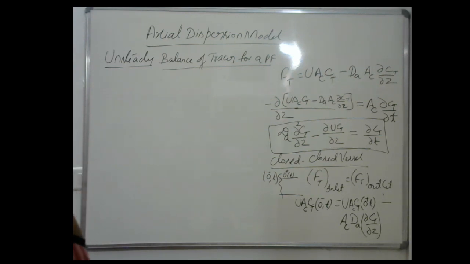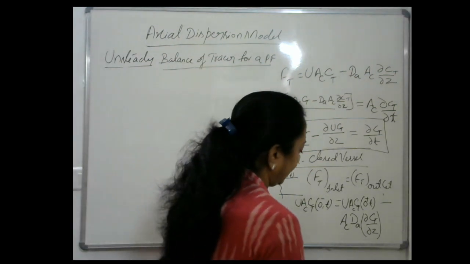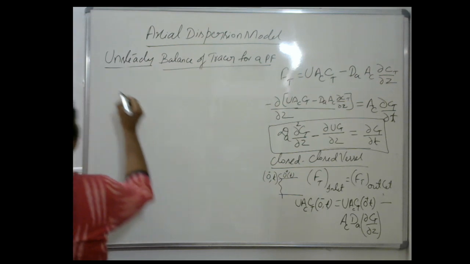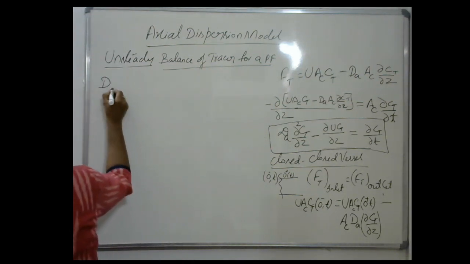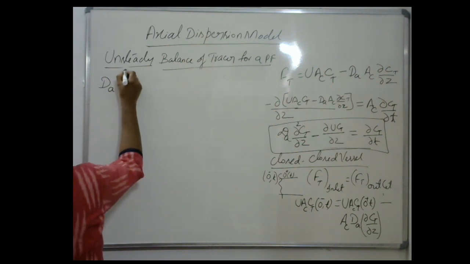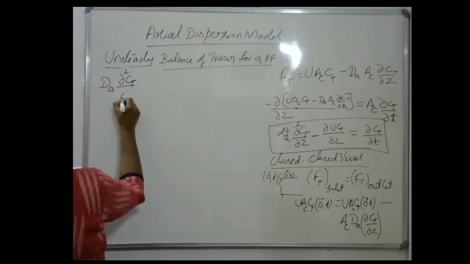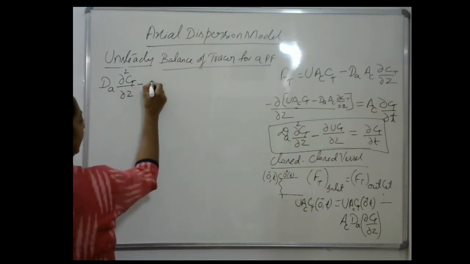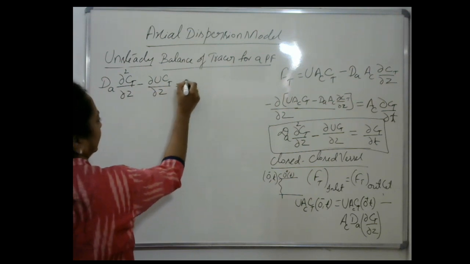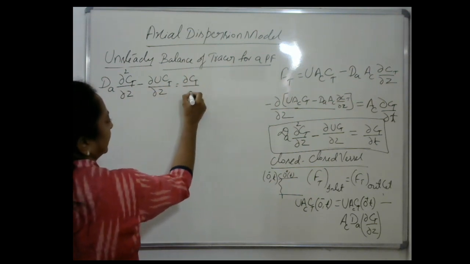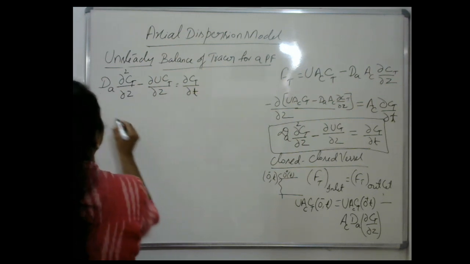Yes. So now the inlet boundary conditions. Let me rewrite this equation here: D_A ∂²C(t)/∂z² minus U ∂C(t)/∂z is equal to ∂C(t)/∂t.